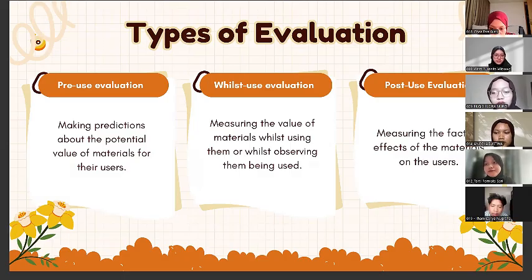And finally, we have post-use evaluation. This is done after the materials have been used. The aim is to measure the actual effects of the materials on the learners. So here we can identify strengths and weaknesses of the materials and decide whether we want to keep using them, adapt them, or replace them with something better.